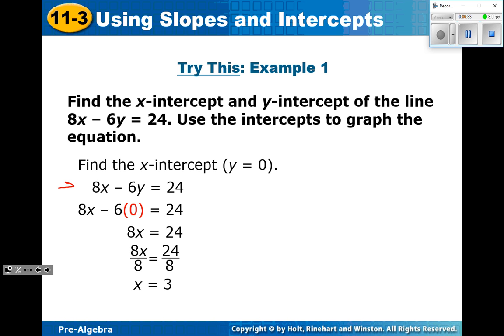We copied our equation. We plugged in 0 for y. That caused this term to drop out, leaving us with 8x equals 24. Divide both sides by 8, and the x-intercept equals 3.